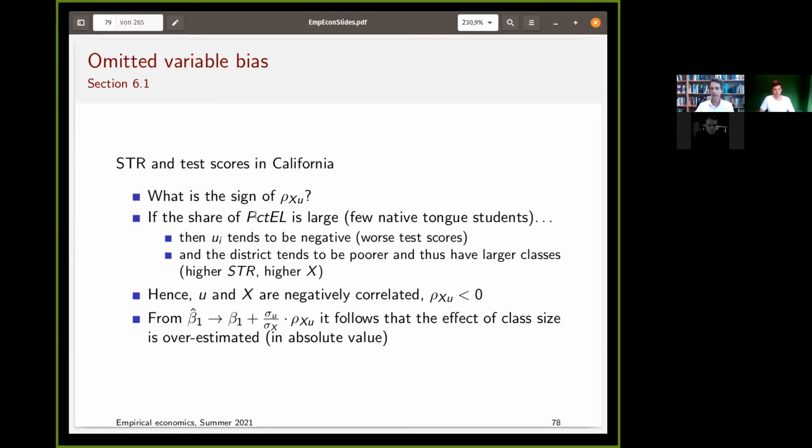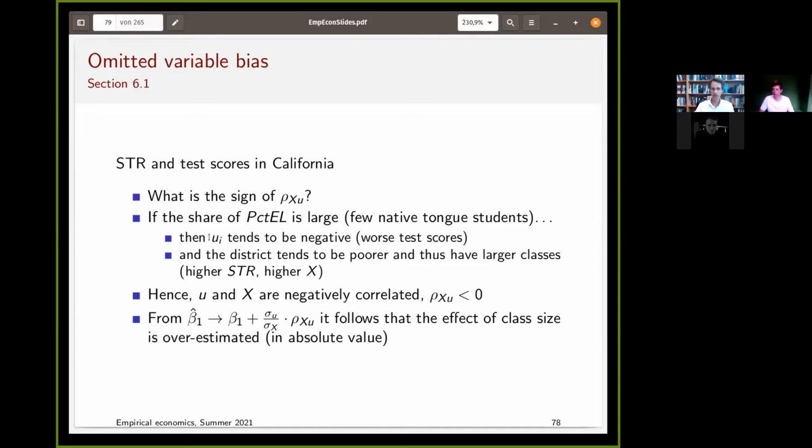So it's likely that this district has a large number of immigrants, which means that for those children, it's much more difficult to actually do well in the tests, and therefore the error term tends to be negative. So there's a direct effect of the percentage of English learners on the error term, and this effect will be negative. The larger the share of English learners, the more negative the error term will tend to be in those districts.